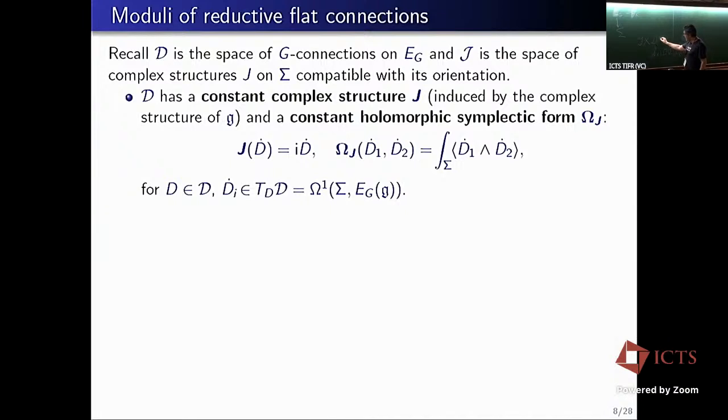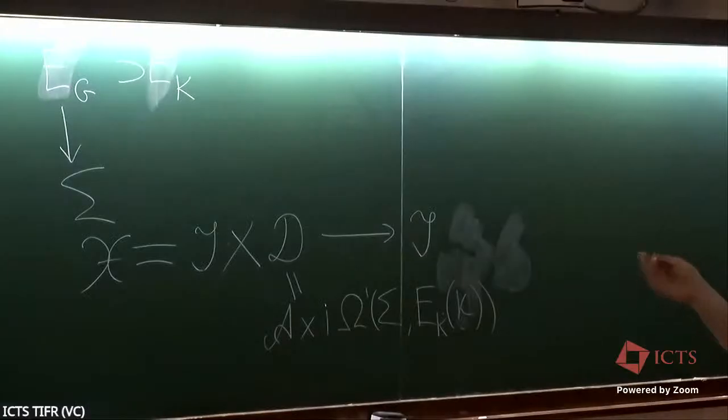And we want to study it as a fibration over the space of complex structures. So we call this X. And this talk may be thought of as a talk about the geometry of this fibration.